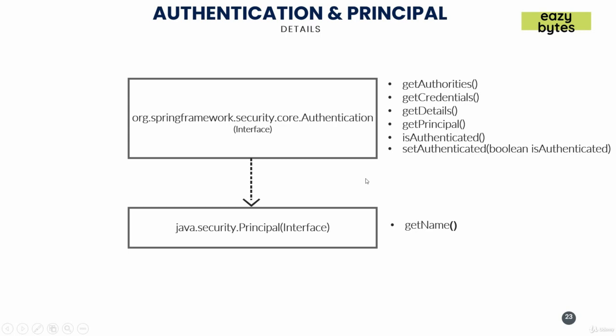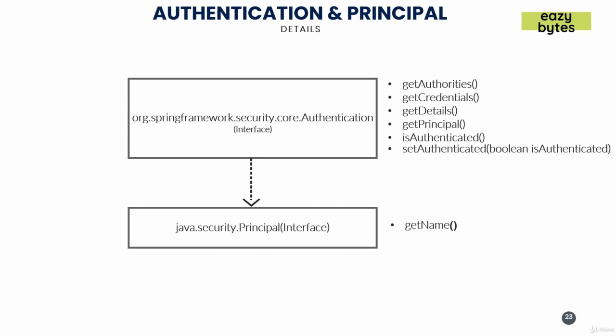And getPrincipal is the one which extends from this principal interface, and using that principal we come to know the name of the user. And isAuthenticated is maintained by the framework whenever the user is authenticated. By default this value is false, but after successful authentication isAuthenticated will be changed to true, and this is continuously maintained by the framework at various stages of the authentication.